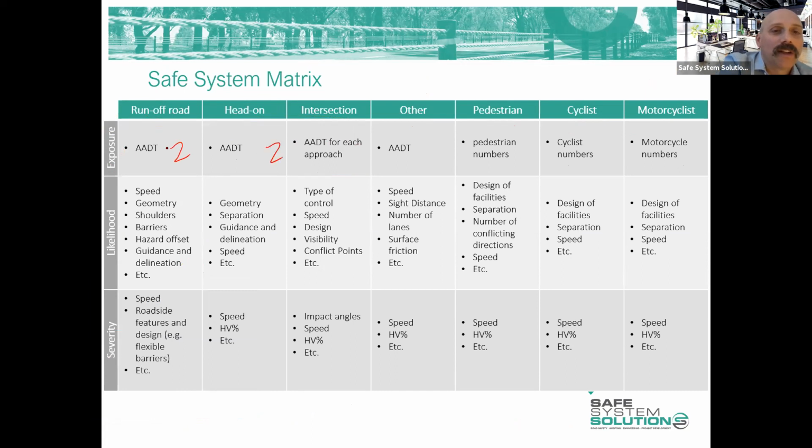Usually if you've got a 2 there, you're going to have a 2 there, and you're going to have a 2 there. Those numbers are more often than not the same. This one will be either equal to that or higher. So it'll be a 2, a 3, or a 4. And then pedestrian, cyclists, and motorcyclists will be whatever they are.